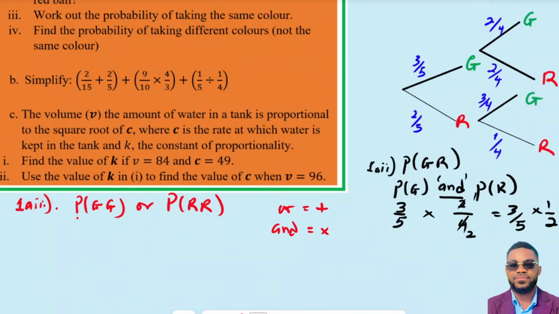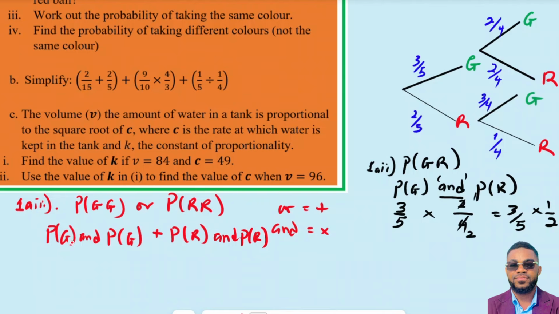Now, the first one is probability of a green ball and another green ball. So this one means the probability of getting a green ball and the probability of getting another green ball, or that's going to be plus, the probability of getting a red ball and the probability of getting another red ball. I hope you've seen the interpretation. I just want to make it this way so that you understand the concept very well. So now let's continue.